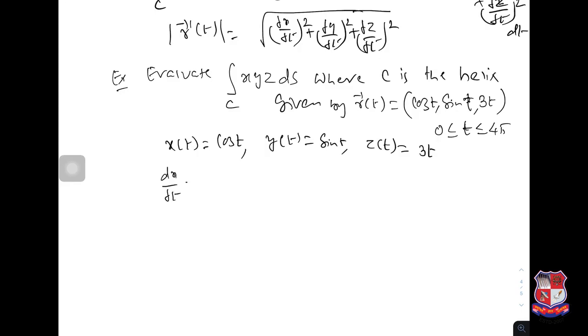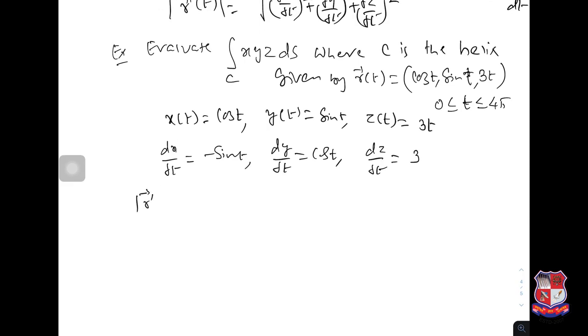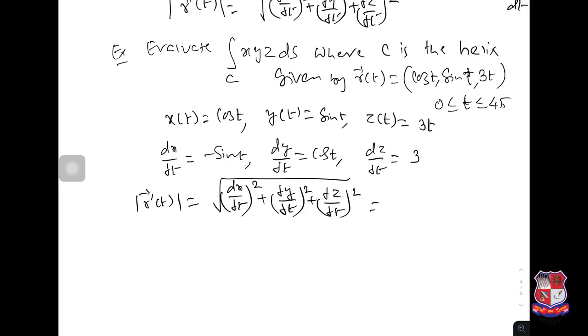So dx by dt is minus sin t, dy by dt is cosine t, dz by dt is 3. Magnitude of r dash t is root of dx by dt square plus dy by dt square plus dz by dt square, and so this is sin square t plus cos square t plus 9.